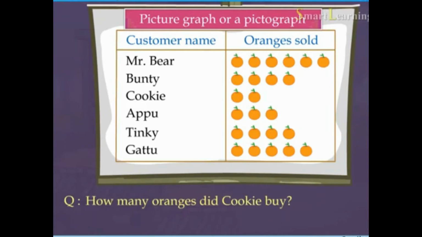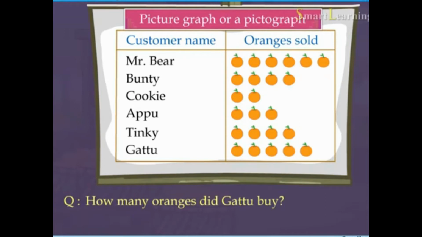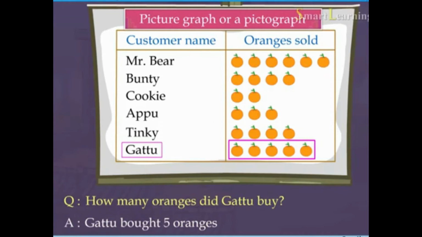The first question is, how many oranges did Cookie buy? In front of Cookie's name, there are 2 oranges, which means that she bought 2 oranges. The next question is, how many oranges did Gattu buy? There are 5 oranges in front of Gattu's name, so he bought 5 oranges.